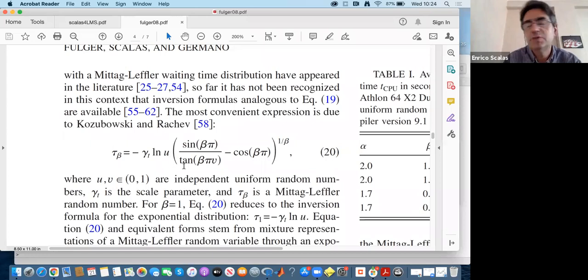So you see that there is a connection. And to prove that this is giving Mittag-Leffler distributed random variables, you can see technical papers in the probability and statistics literature.